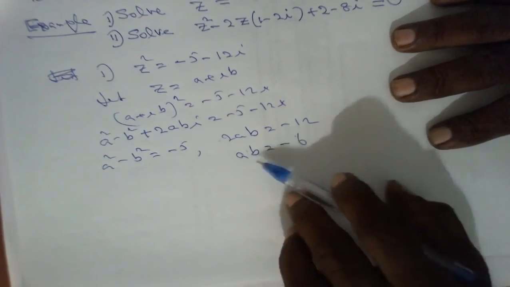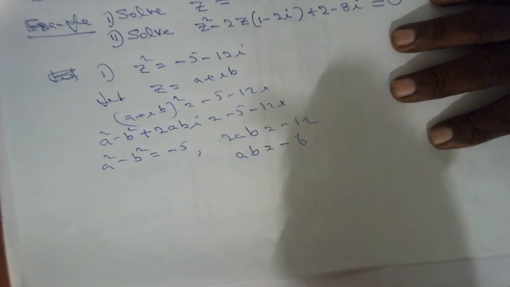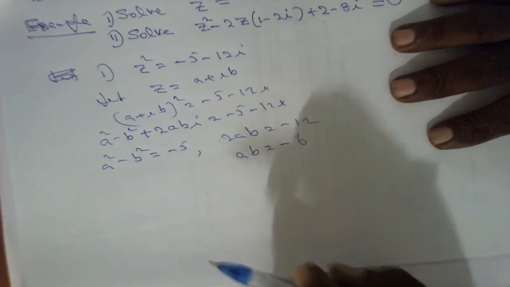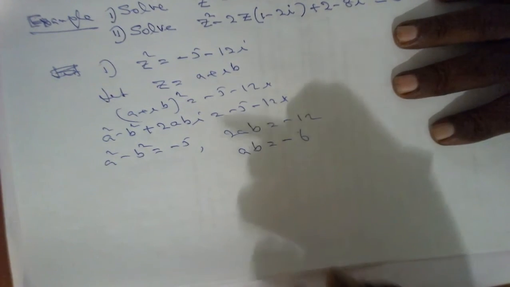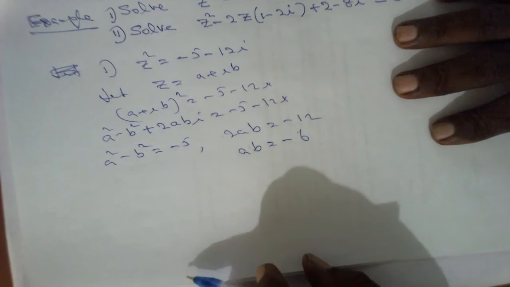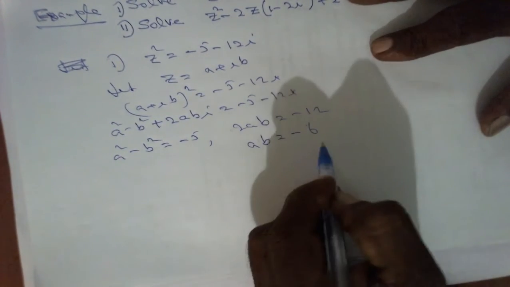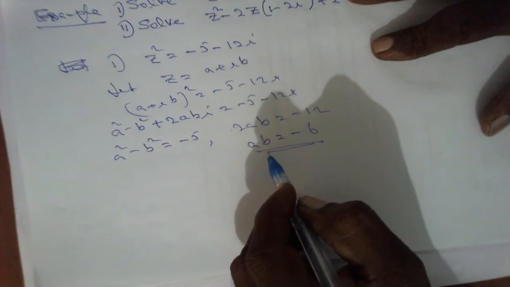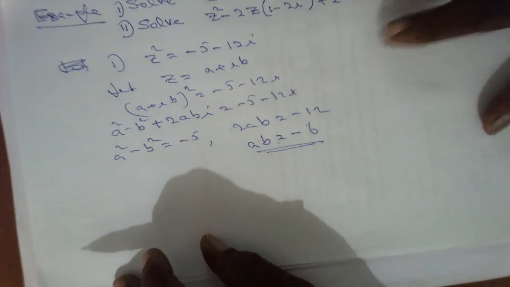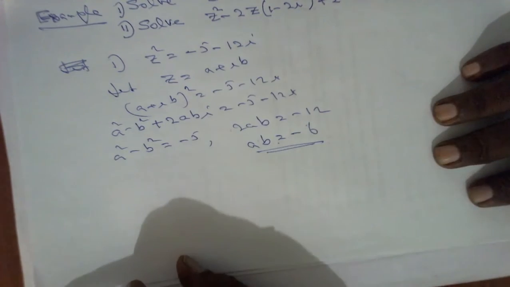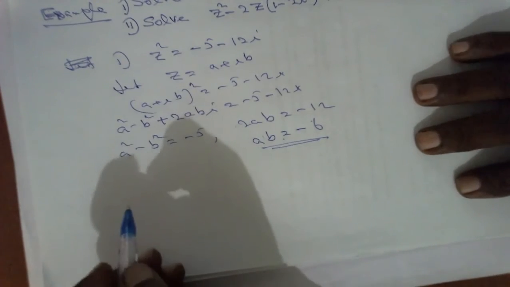The product ab is negative, then what can you say? If a is positive, b is negative. If a is negative, b is positive, right? So a and b have different signs. You have to conclude that, it is very important. A and b have different signs because this is negative.